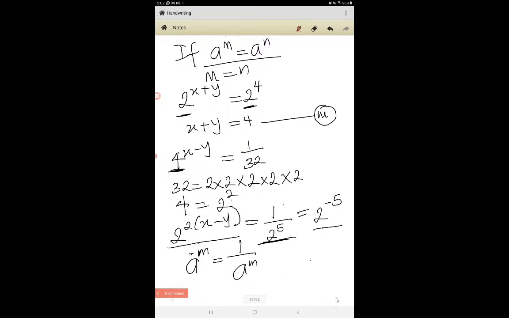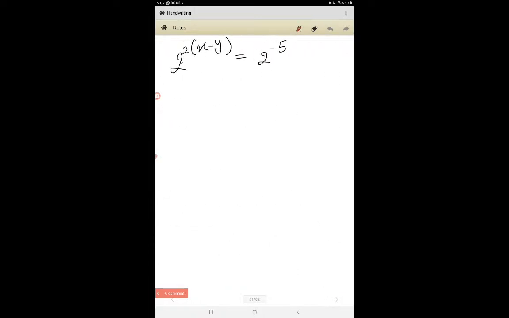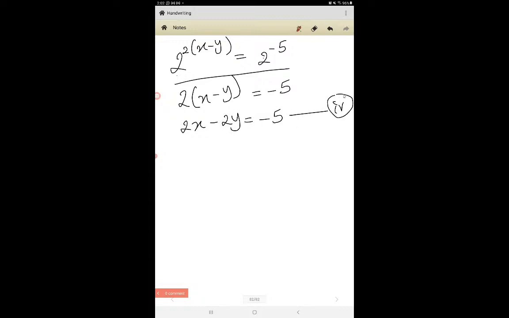The same thing is applicable to this: since they have the same base, we have 2 times x minus y is equal to minus 5. Let's expand: 2x minus 2y is equal to minus 5. We call this equation 4.